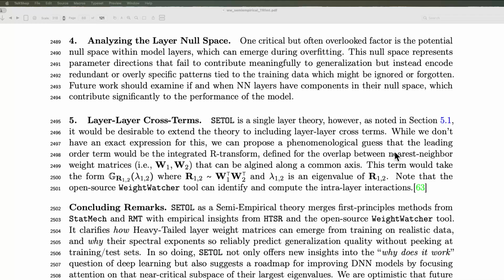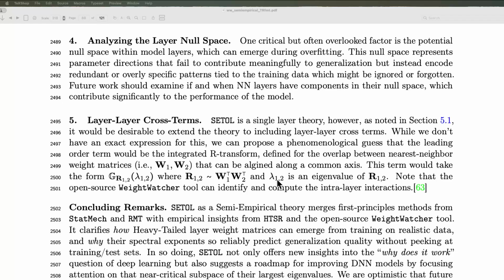So what I assume is that there's some form of this final norm generating function where the overlap is between two different weight matrices. If I have the overlap between a matrix in one layer and a matrix in another layer, I could then form the R transform for that object and then form this integrated R transform and analyze it.